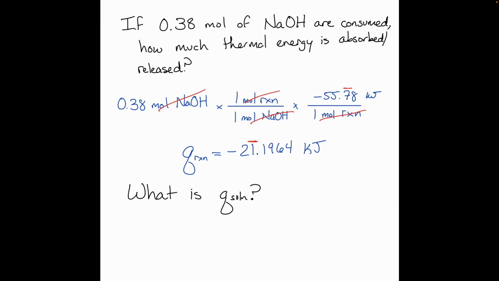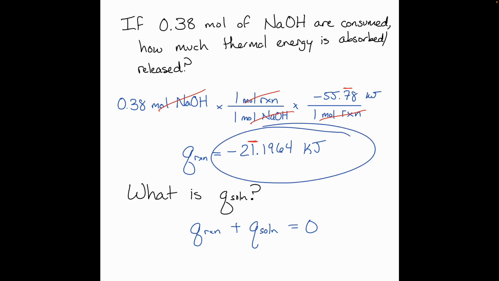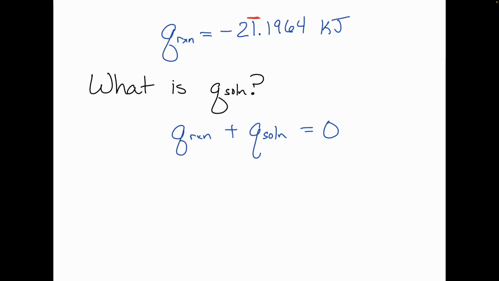Because of that conservation of energy, we had that equation, Q reaction plus Q solution equals 0. Well, the only way that I'm going to make that number 0 is by adding positive 21.1964. So if my Q reaction is negative, my Q solution is going to be positive 21.1964.